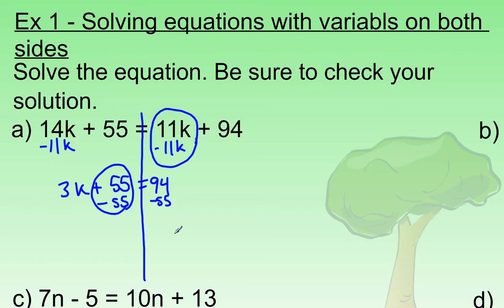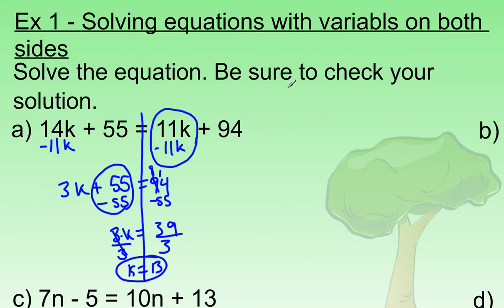Minus 55 here as well, giving me 3k equals, let's see, we can do the math in our head here. 8 carry the 1, that gives me 9, that gives me 3. And then divide by 3 on both sides to get rid of the multiply by 3. Cancels, and I have k equals 13. So I believe the answer is 13.